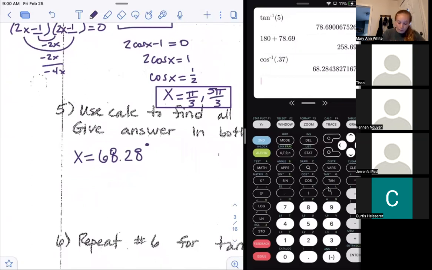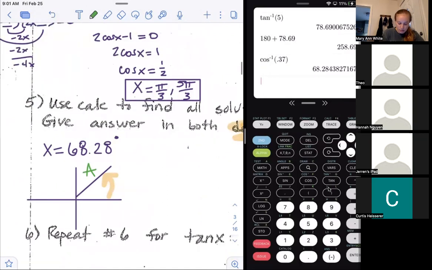Now we want to find one more answer. Remember that we are thinking about all the way from 0 to 360. 68.28 is somewhere in this first quadrant, so I went up this way. If we remember our All Students Take Calculus, that's going to tell me which other quadrant would also have a positive 0.37 cosine.